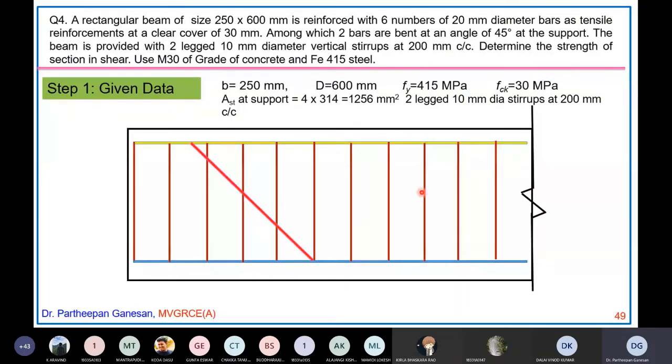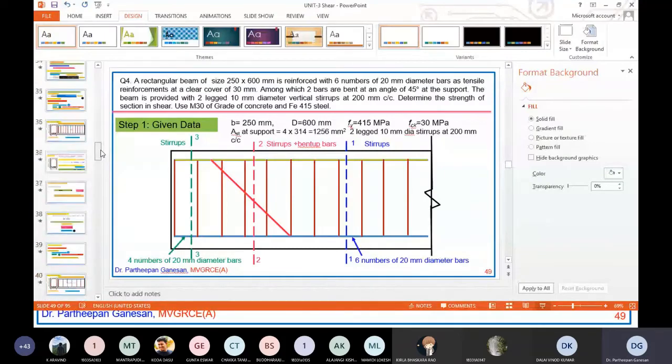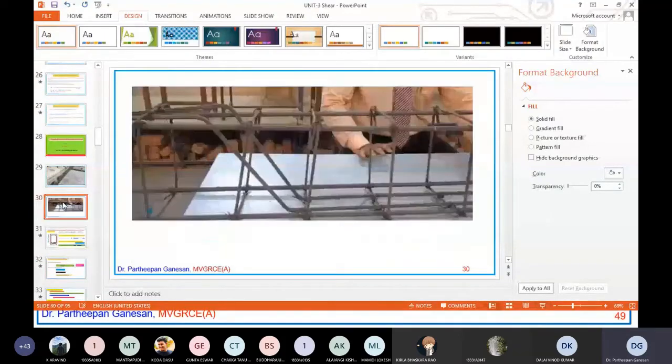Now you have the bent up parts, as I showed you in the last class slide. See, there are four bottom reinforcements provided. At the top there are 2 reinforcements.